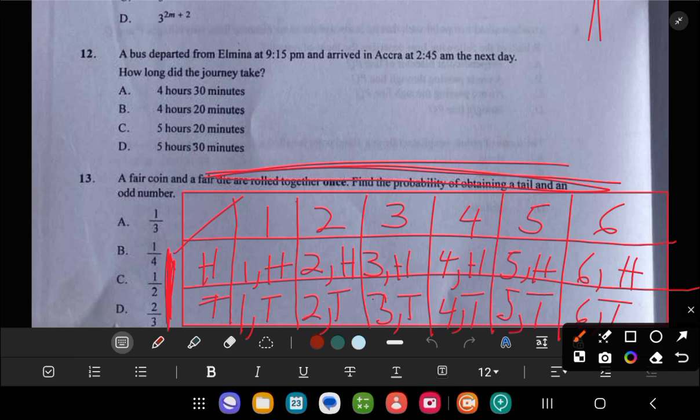Now we are asked to find the probability of a tail and an odd number. So there's a tail and an odd number, another tail and an odd number, another tail and an odd number. So we have 3 here out of 1, 2, 3, 4, 5, 6, 7, 8, 9, 10, 11, 12, out of 12.